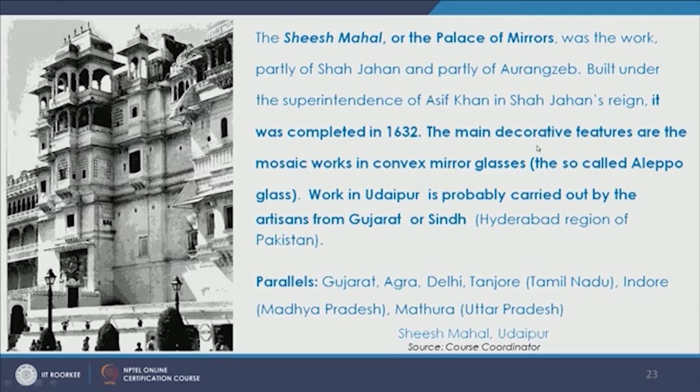We can see such examples in Gujarat, Agra, Delhi, Tanjore, Indore, Mathura. There was this kind of celebration of art that was happening across India, and all these skills were patronized, and these kinds of palaces and forts and artworks were coming up.